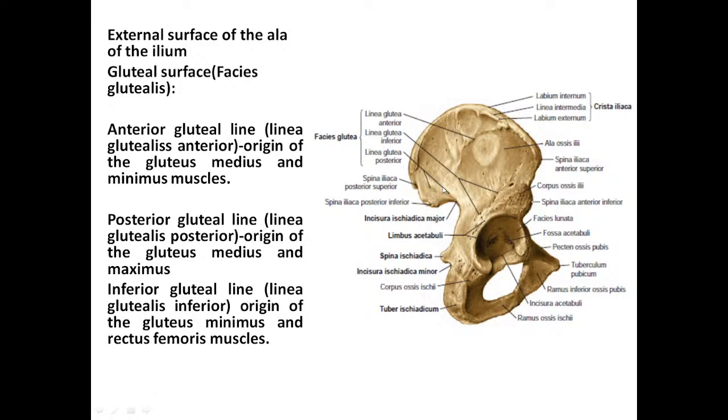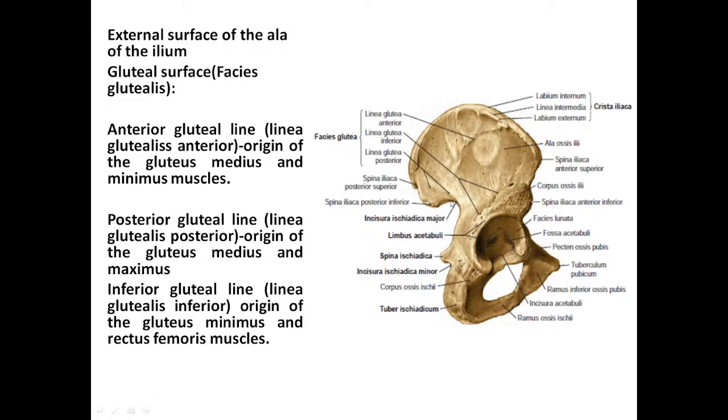These lines are sites for gluteal muscles. The linea glutealis posterior is the origin of the gluteus medius and maximus muscles.